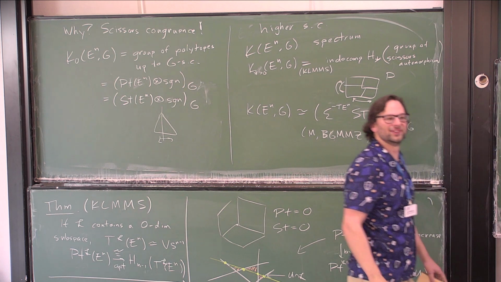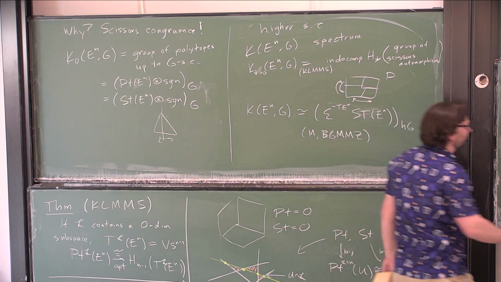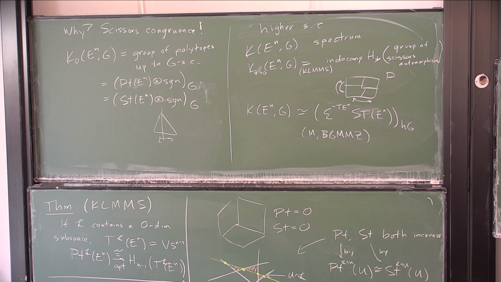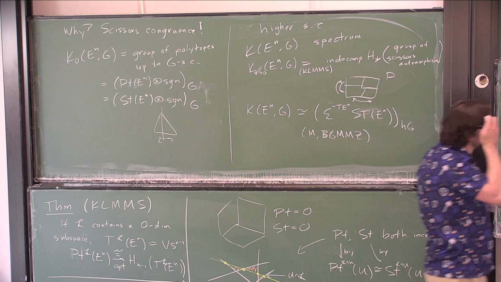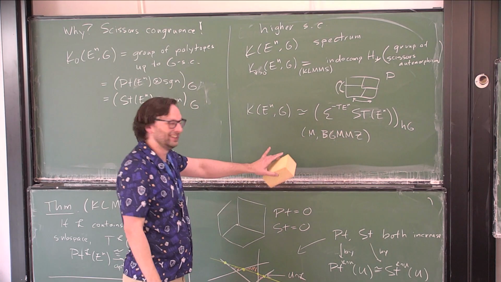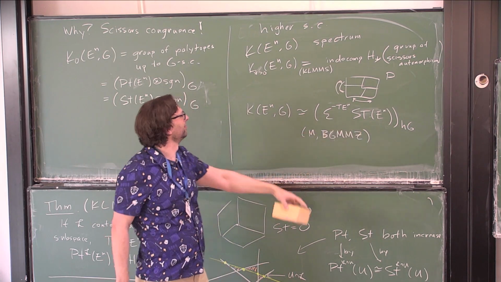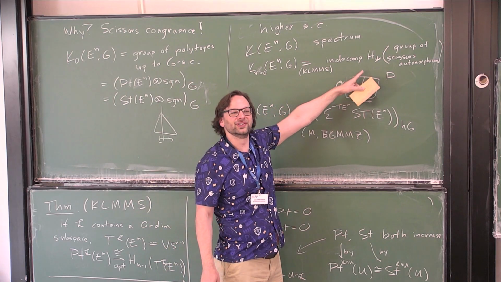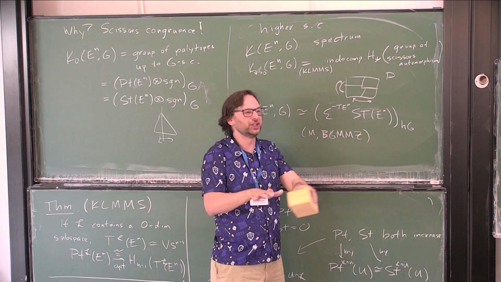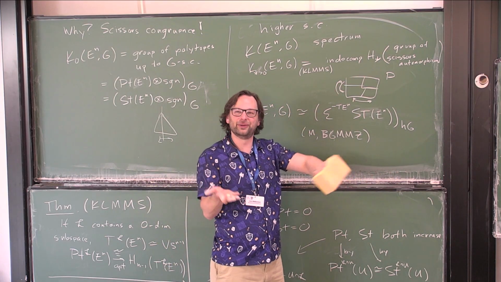And the pattern continues. So at least in dimension 1, we can use this formula to compute what these K groups are, and therefore get indecomposables of what are essentially interval exchange transformations, except you're also allowing flipping.